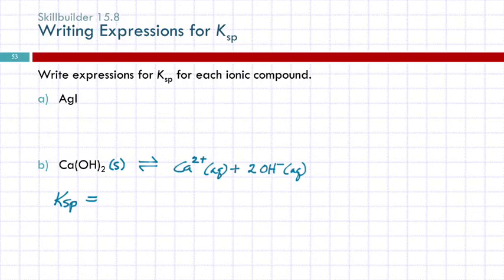It's the products over the reactants, and we leave solids and liquids out of it. So the products over the reactant, but the reactant is solid, so we leave it out. So we're going to have calcium ion concentration, and we're going to have hydroxide ion concentration, and that's going to be squared. Any questions?